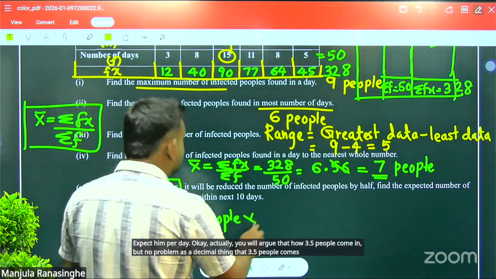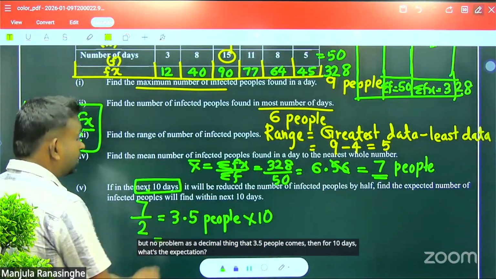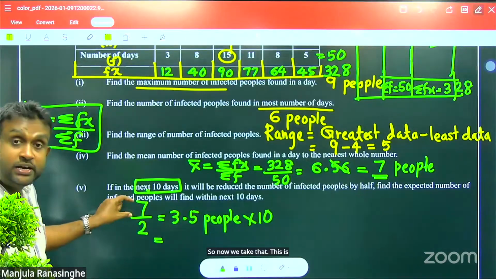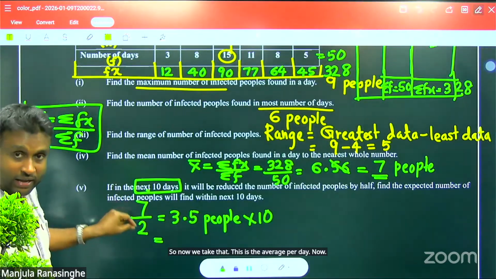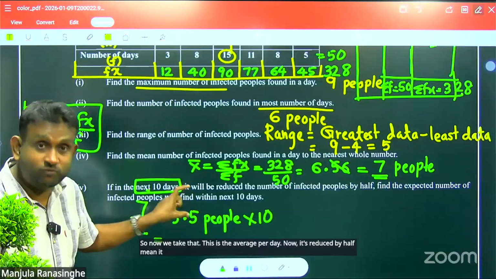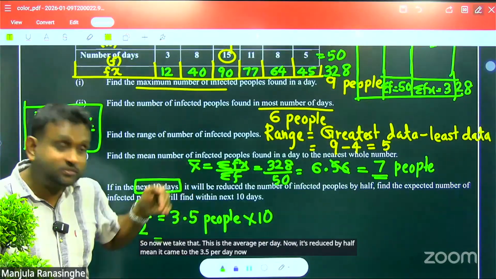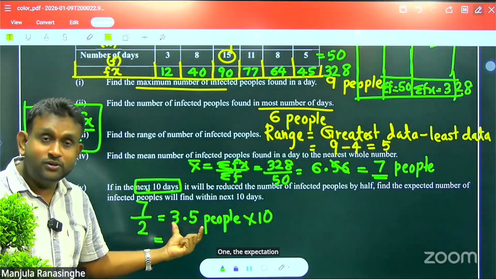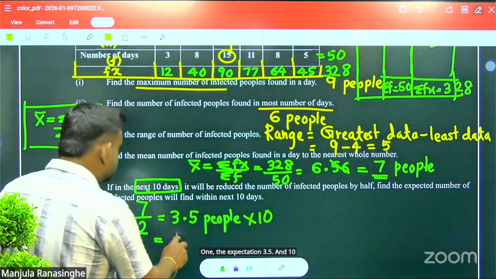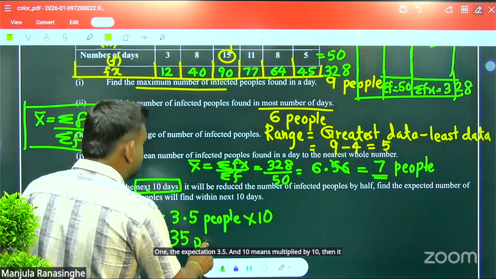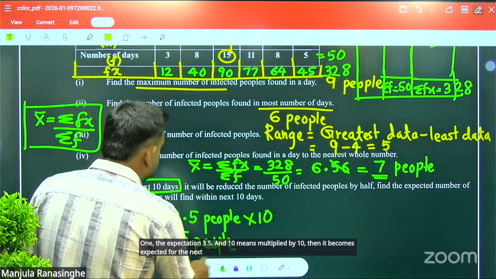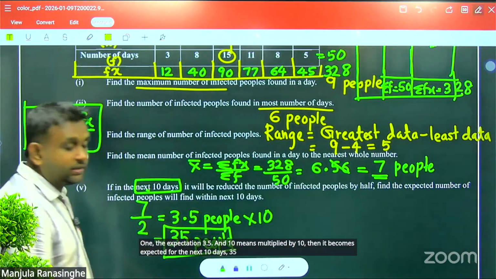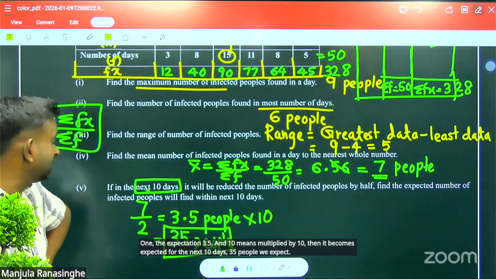Then for 10 days, what's the expectation? This is the average per day, now reduced by half to 3.5 per day. For the upcoming 10 days, 1 day's expectation is 3.5, and for 10 days we multiply by 10. Then the expected number for the next 10 days is 35 people.